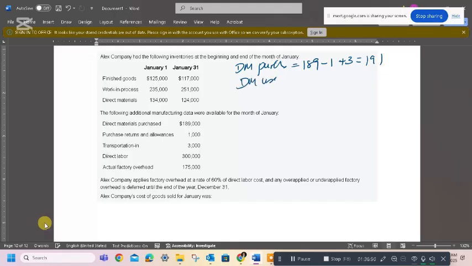Direct material used: 191 plus opening stock 134 minus closing stock 124, that's 201.